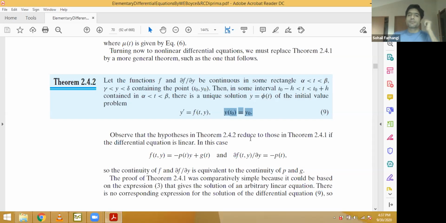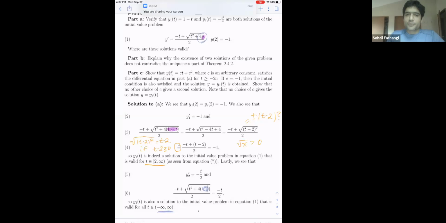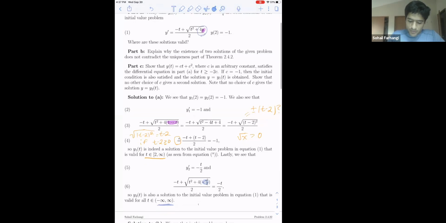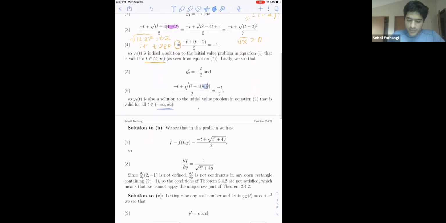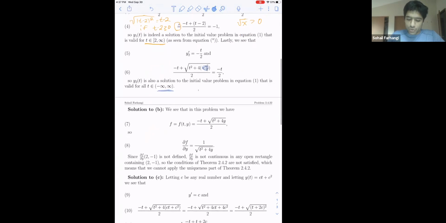Now, okay, so now that we double checked that this is the case, let's go ahead and return to our problem. So we see that the portion of the theorem that we don't satisfy is going to be continuity of the partial derivative.